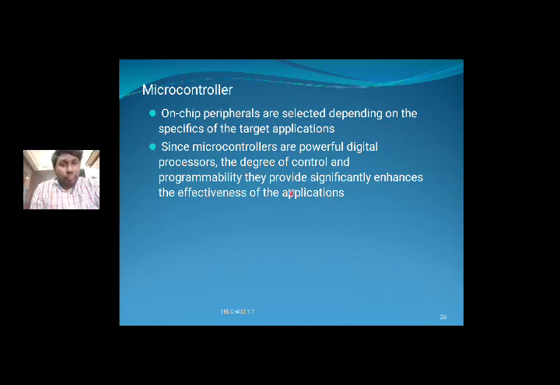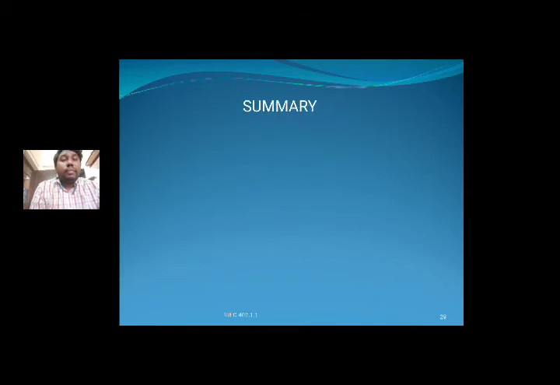And the on-chip peripherals are selected depending on the specifics of the target applications. Since microcontrollers are powerful digital processors, the degree of control and programmability they provide significantly enhances the effectiveness of the applications.